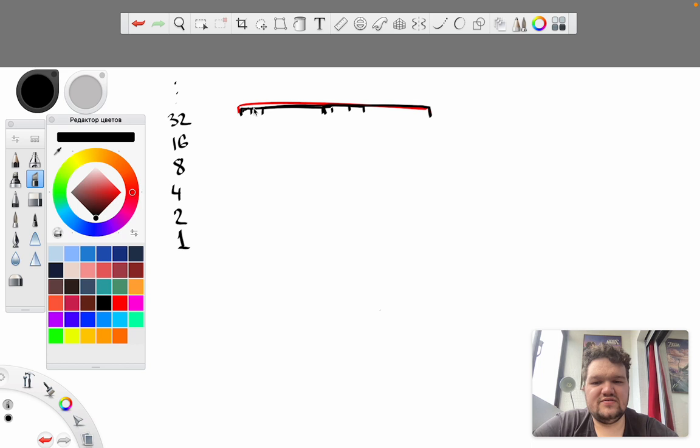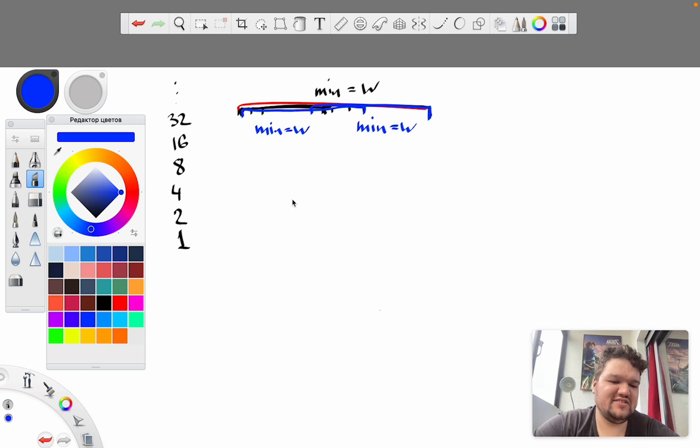Instead of doing min equal some value on this red segment, we can do min equal on the 2 segments of length power of 2. That will have the same effect, right?